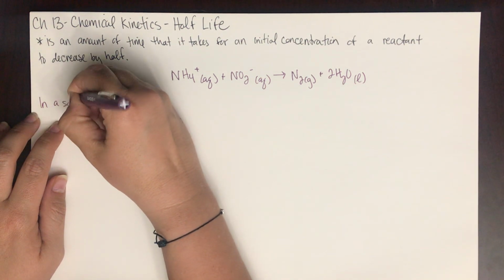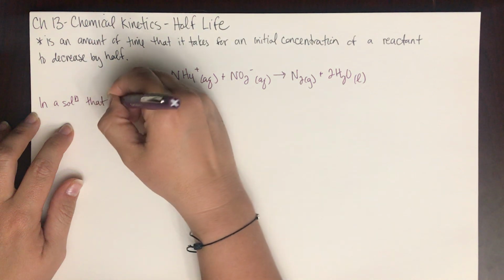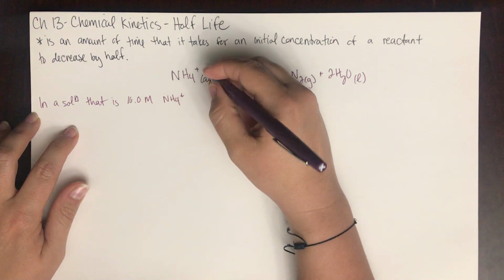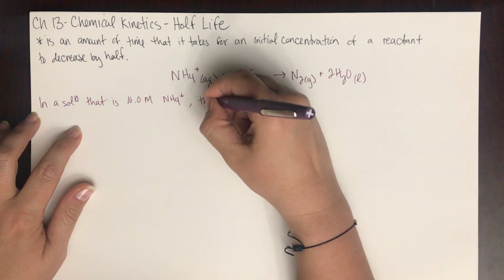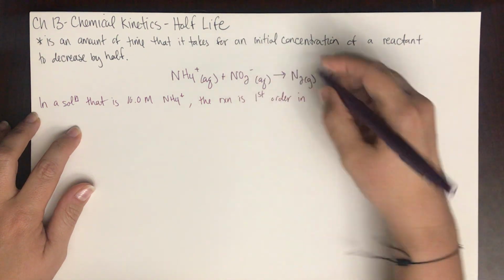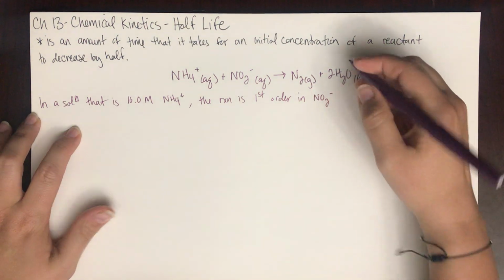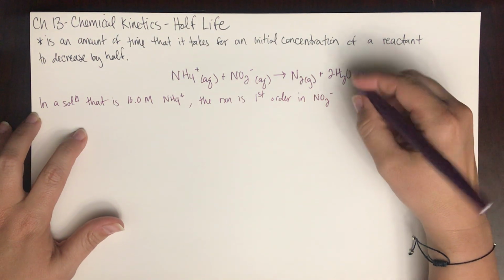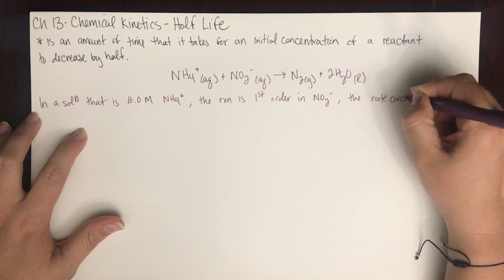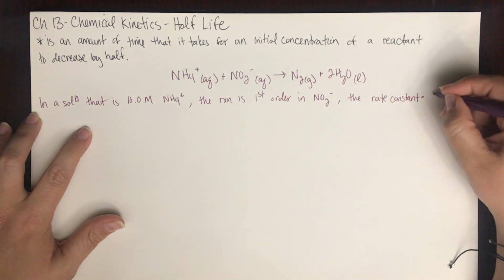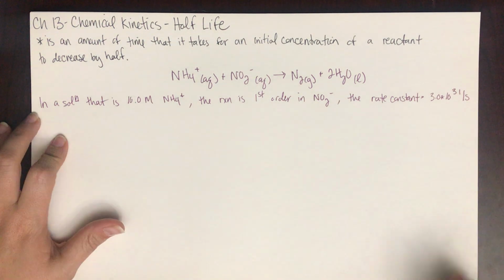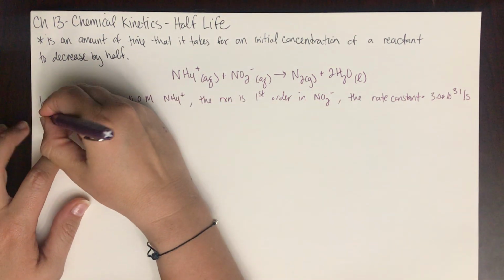In a solution that is 10.0 molar ammonium, the reaction is first order in the nitrate ion, and the rate constant equals 3.0 times 10 to the third 1/seconds. And it says, what is the half-life of this reaction?